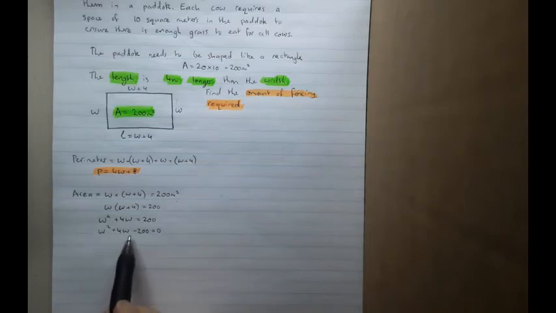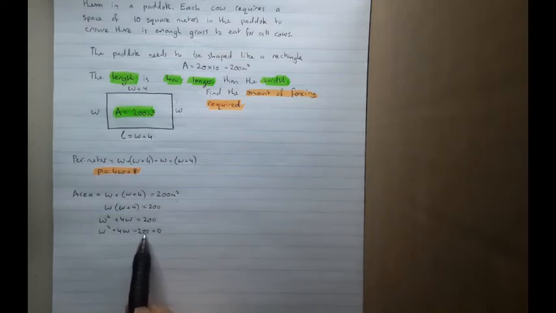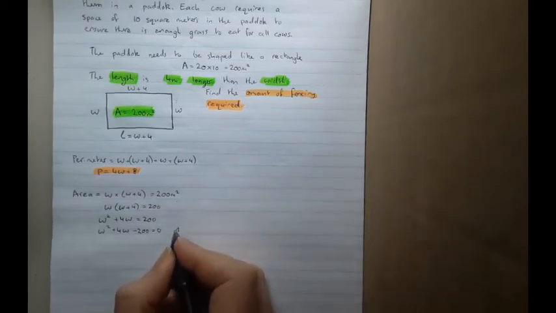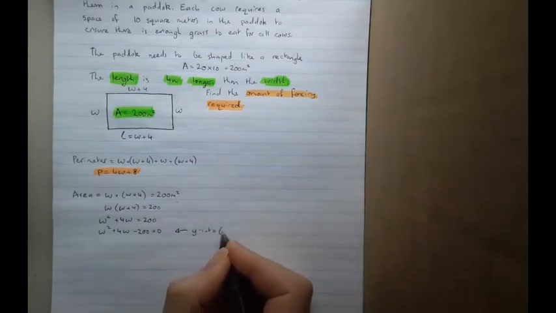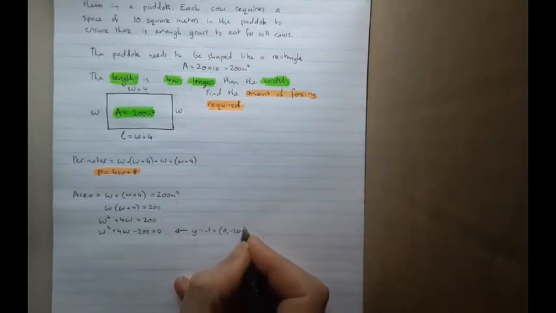How do we solve that? Well, one way is completing the square, because we know how to do that. But to start with, we've got our y-intercept. Our y-intercept is negative 200, so the y-intercept is equal to (0, negative 200).